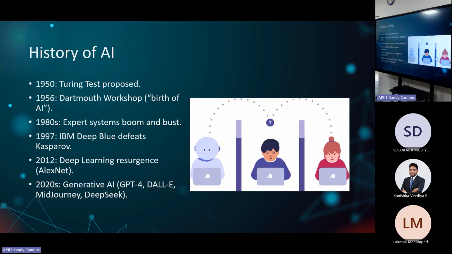And then in the 1980s came along expert systems, right? So these expert systems were, have you heard of fuzzy logic? Have you heard that word? We don't even learn it now. We learned it when we were students, and it was the AI in a sense.